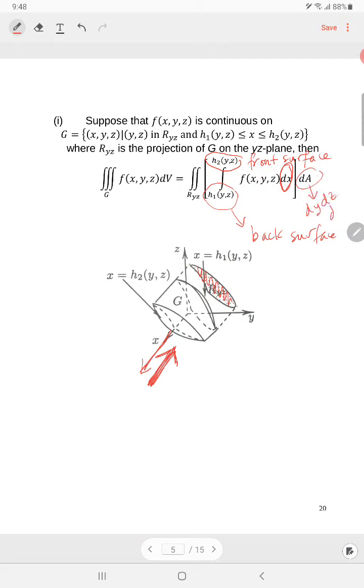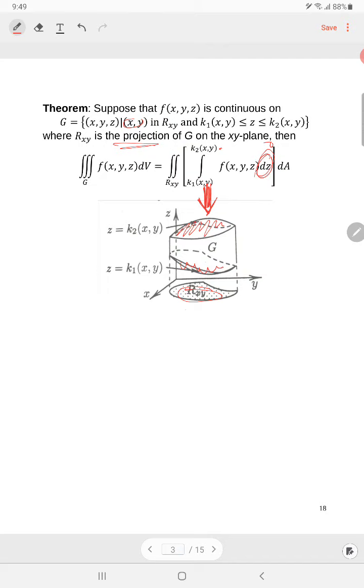But if your solid has one top surface and one bottom surface, then you should integrate with respect to z first. The upper limit for z would be the top surface, and the lower limit for z would be the bottom surface.